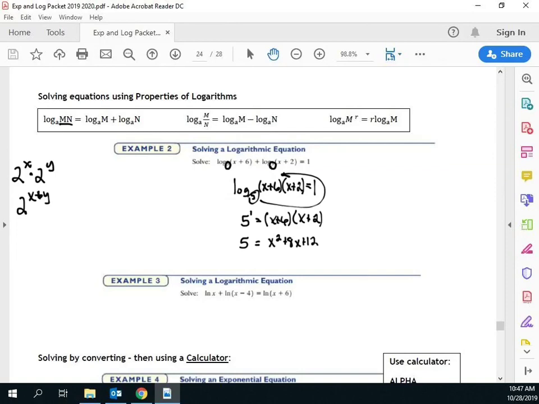Why? It's quadratic. So we have to subtract 5. It has to be set equal to 0. So you end up with this.